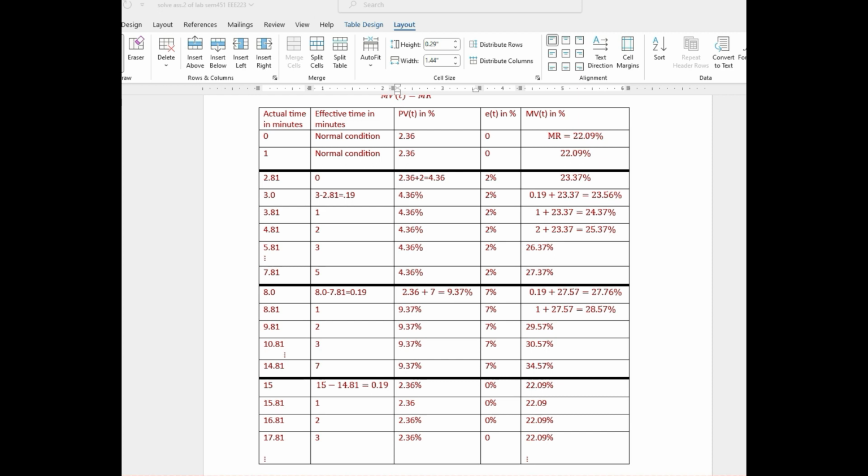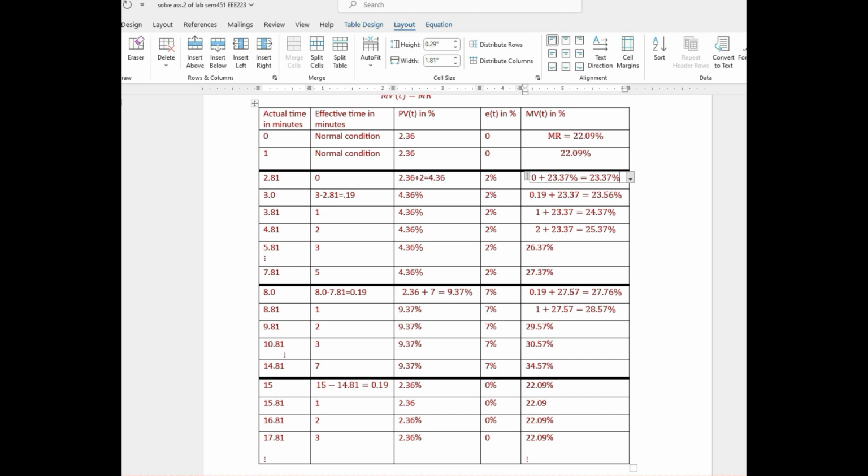That means the error is 2%. Now substitute in our MR, and we will see that when our time is 0, plus 22, it gives me 23.37 percent. From where? See, here is 22.09, but here is 23.37.